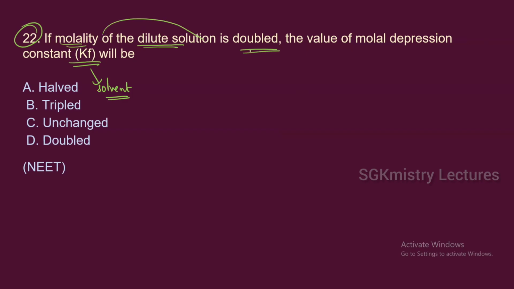This is with respect to the solute. The concentration of the solute is changed. But remember one thing, this Kf, the molar depression constant, only depends upon the nature of the solvent, as well as the freezing point of the solvent. So it does not depend upon the nature or the concentration of the solute. So here in this case, it remains unchanged.